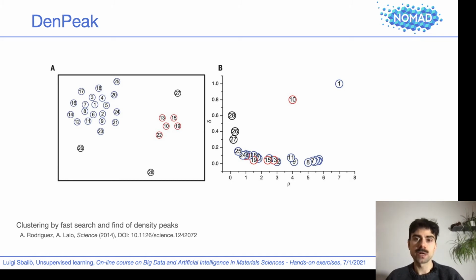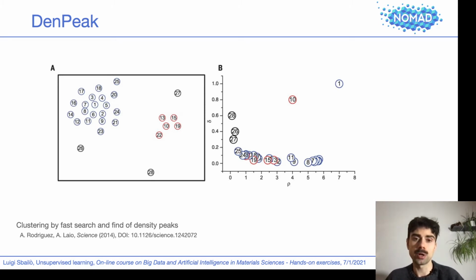And the decision graph is the plot on the B. What the algorithm does is find the local density for each of those points, and this is the x-axis on the B plot. On the y-axis on the B plot, you can see the distance of each of the points from the closest point with higher density.